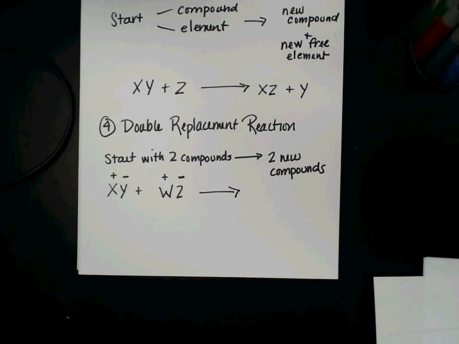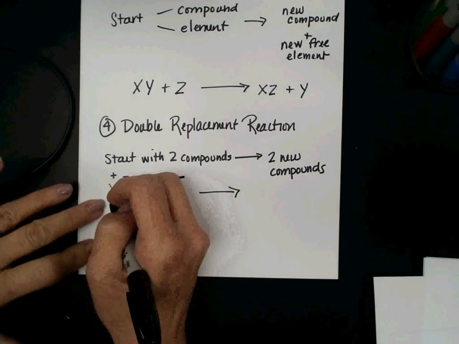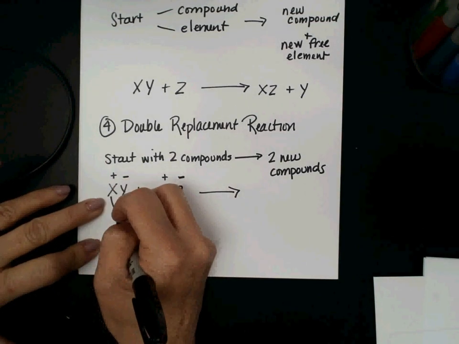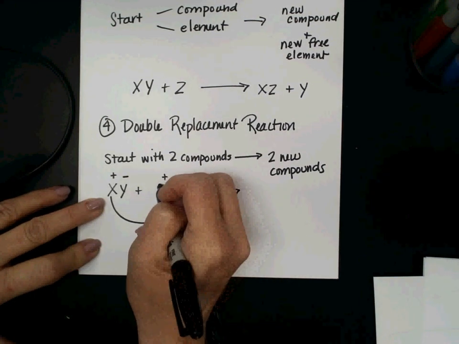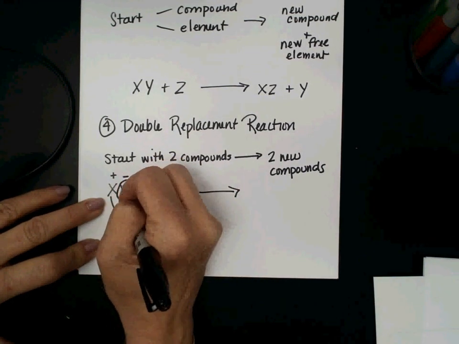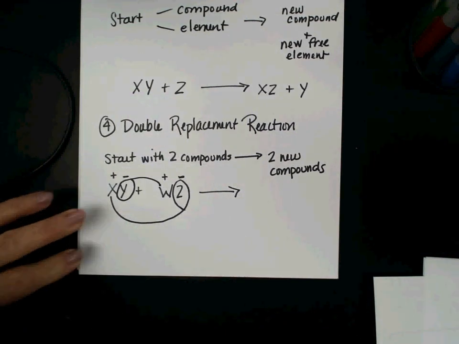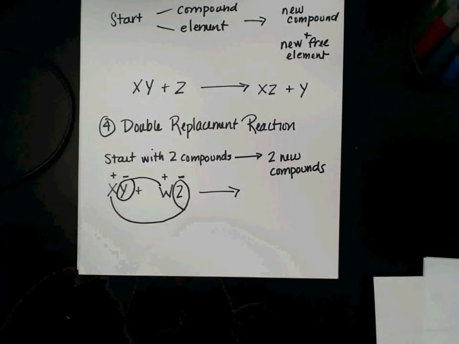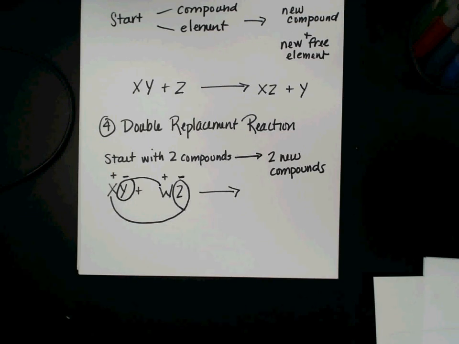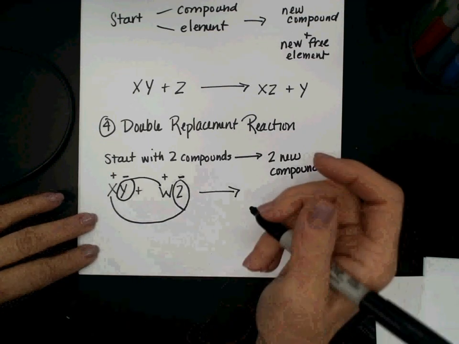So, the double replacement are one of the easiest ones to predict the other side of the equation, because your cation on this compound hooks up with your anion over here, and your cation from this compound hooks up with this anion. Now, do you have to balance charges so you have a neutral compound? Yes. You can't just carry over the number associated with them. You have to make sure it's neutral.